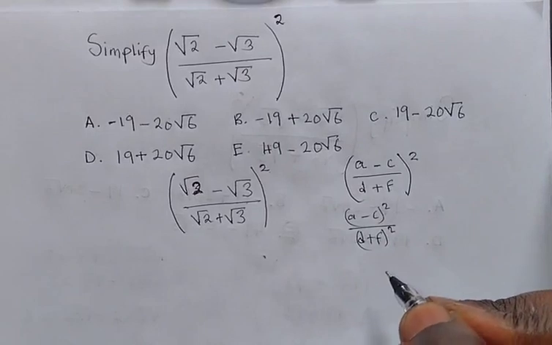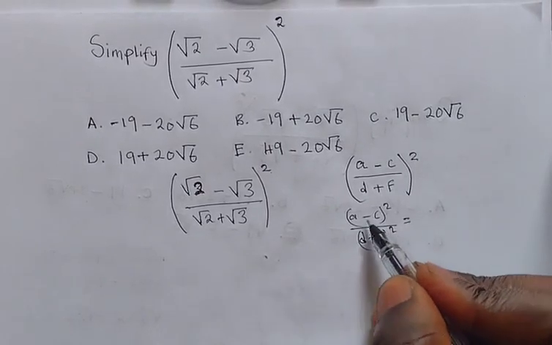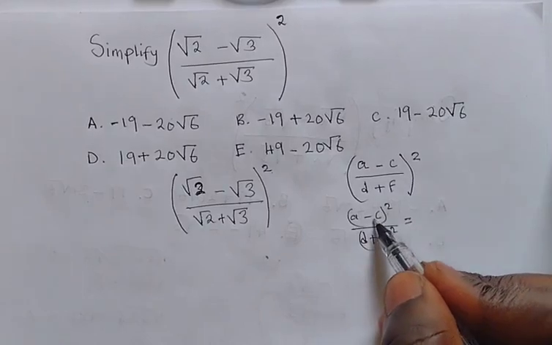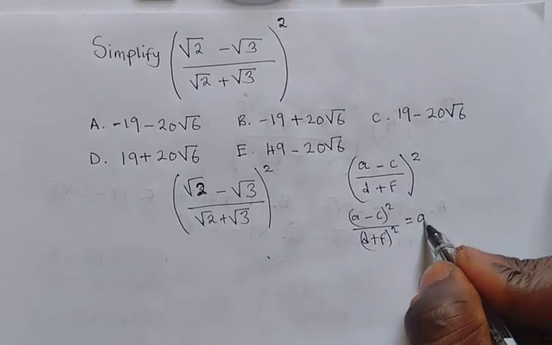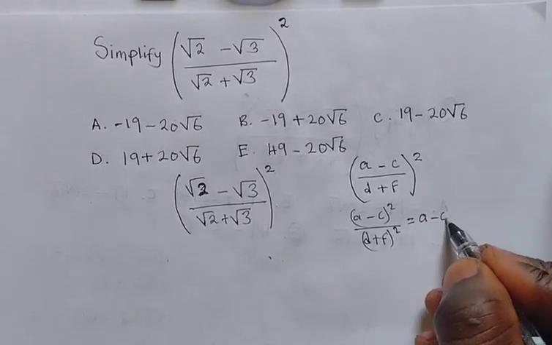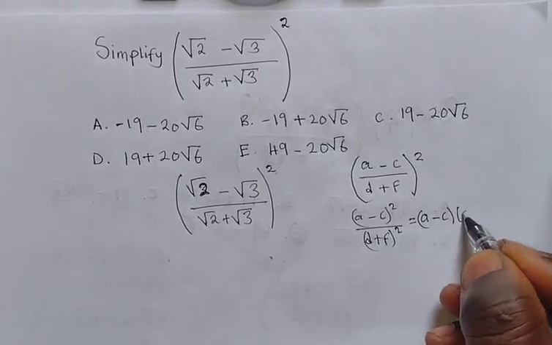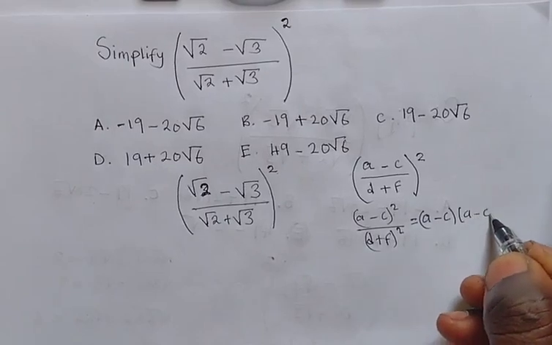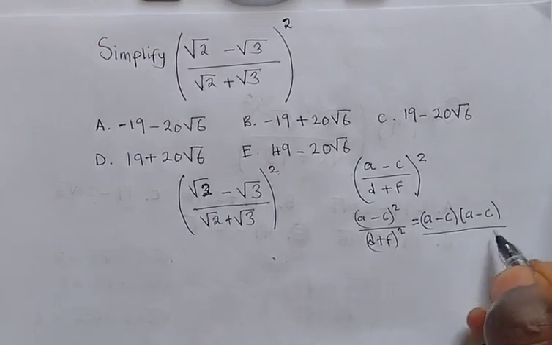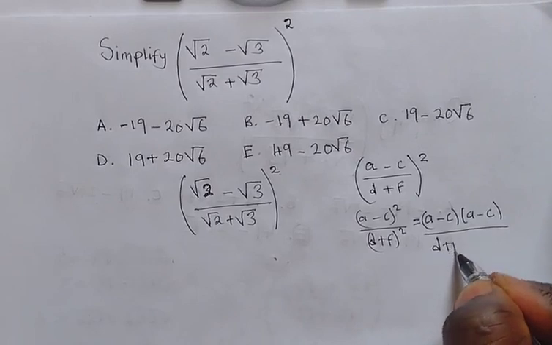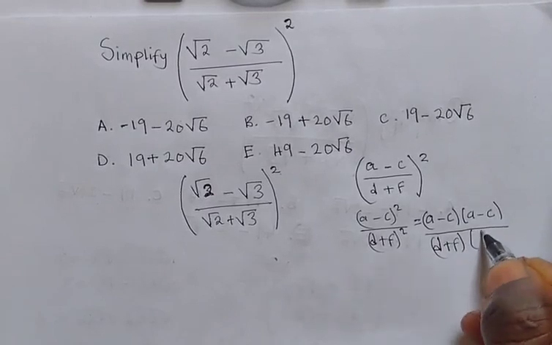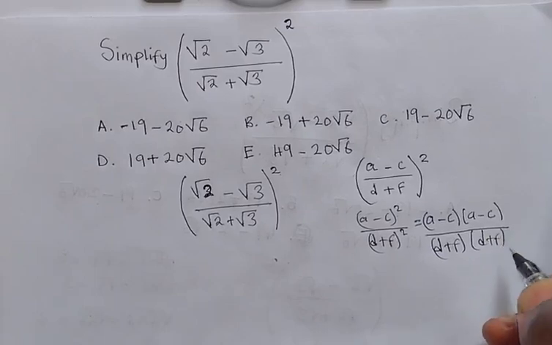It's one and the same thing. So this means that A minus C squared is being multiplied by itself twice. So you write A minus C, again A minus C, again over D plus F, again D plus F.